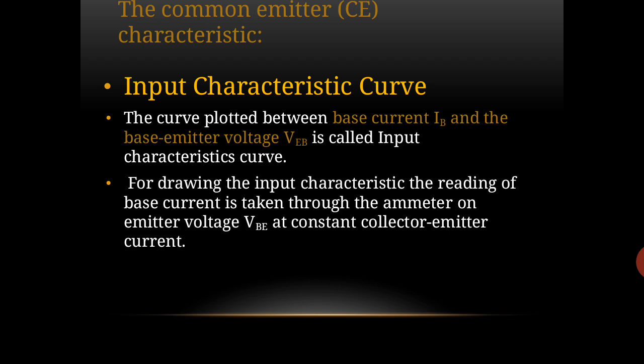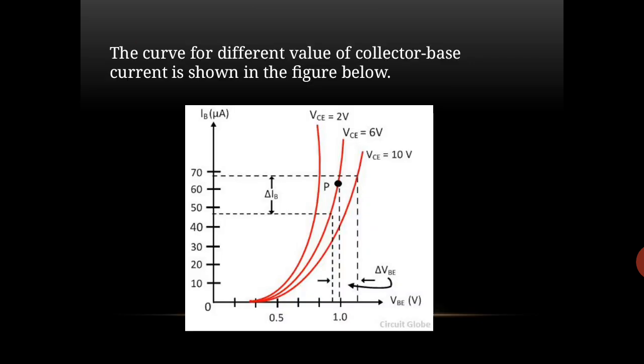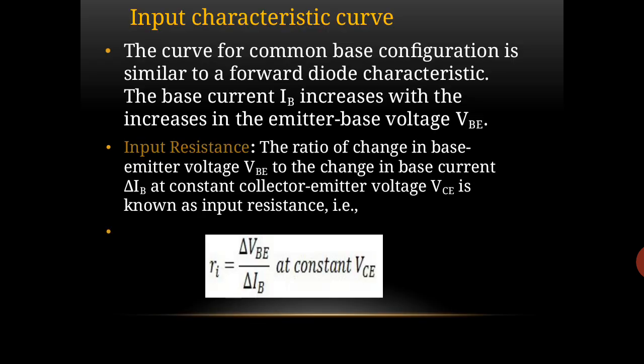Okay, so voltage versus base current. For drawing the input characteristic, the reading of base current is taken through the ammeter against the base emitter voltage at constant collector emitter voltage. Means while drawing this graph we need to keep the collector emitter voltage constant, otherwise we will not get this.